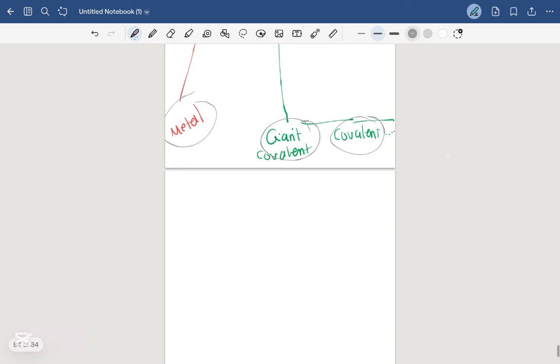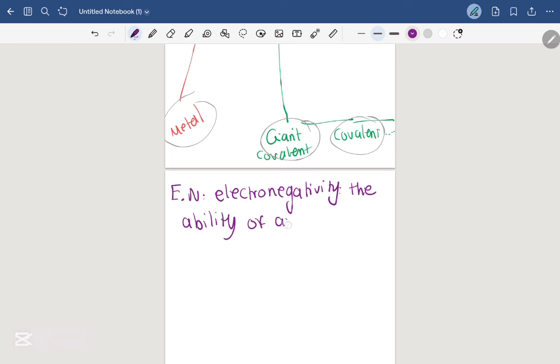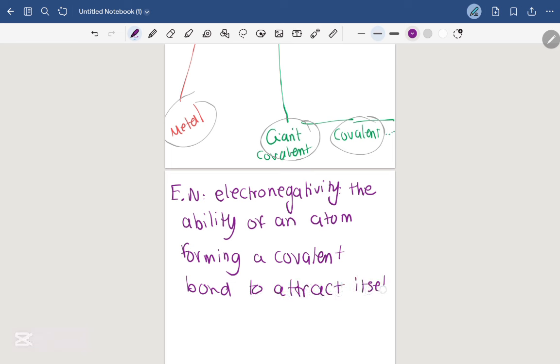Electronegativity is the ability of an atom forming a covalent bond to attract shared electrons to itself.